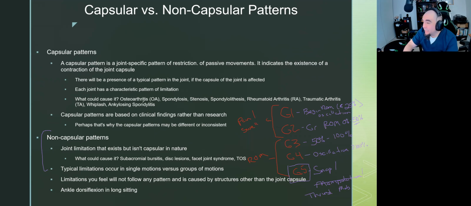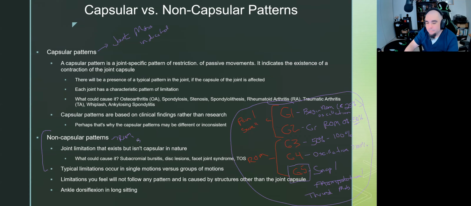So the main thing I want you to get out of this lesson, you don't necessarily have to get all this yet. We will hit all this in a little bit in the lesson on joint mobs. But the one thing I want you to get out of this lesson is if you have a capsular pattern, joint mobs are indicated. If you have a non-capsular pattern, range of motion and stretching.